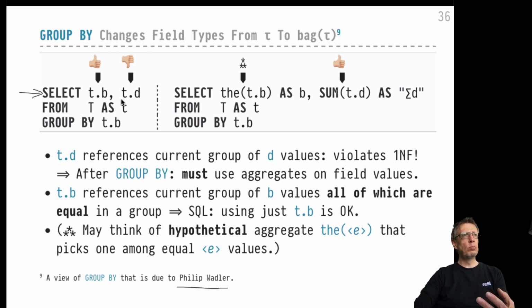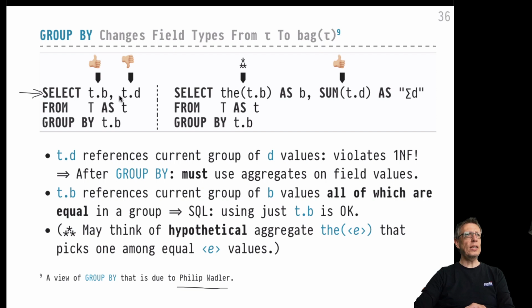And I think that's a viewpoint that's rather valid. An entire group of int values is now behind this column reference TD. And specifying TD in this way in the select query actually is illegal and problematic. TD stands for an entire group, a bag of int values, and that's not a valid cell content in a flat first normal form relational table.